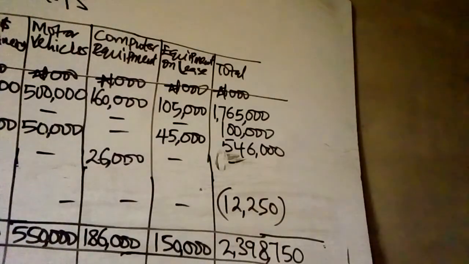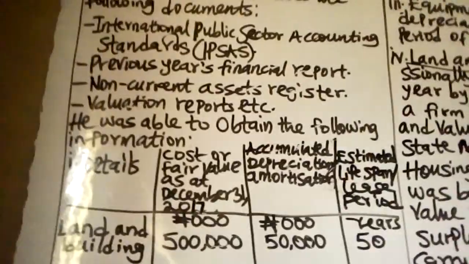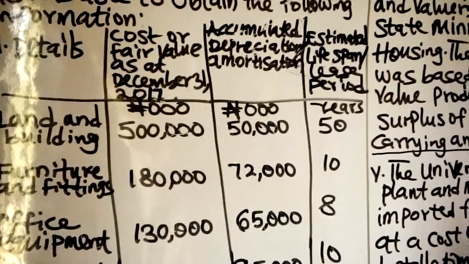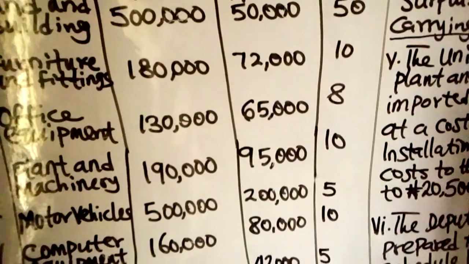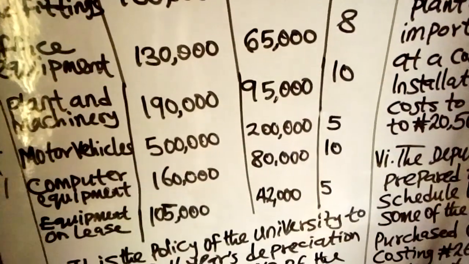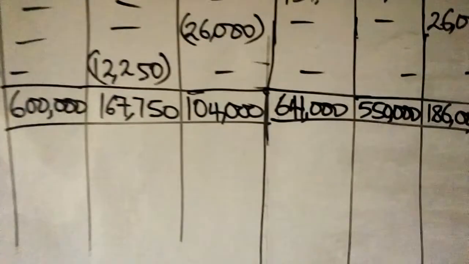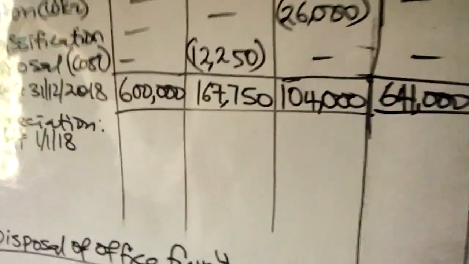After that, we want to deal with the depreciation. Now, let's start with the opening balance as it was given. 50,000, 72,000, 65,000, 95,000, 200,000, 80,000, and 42,000.